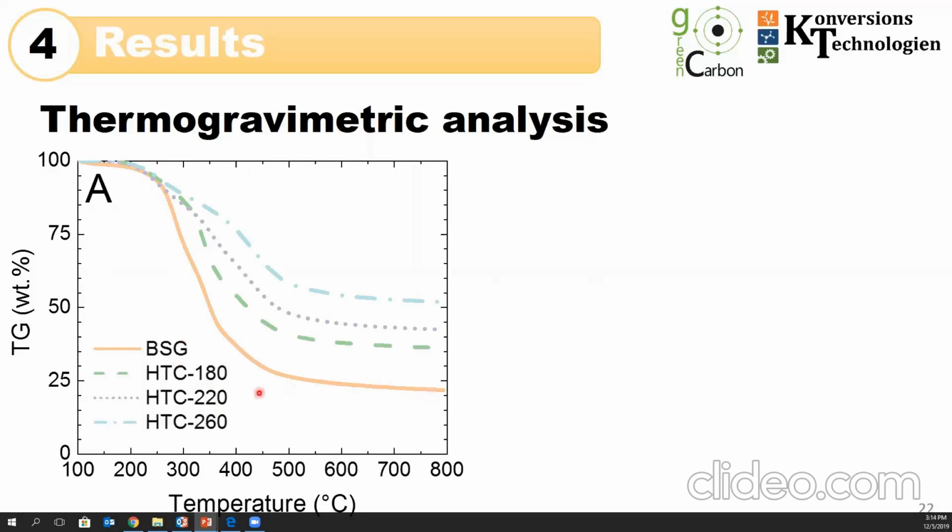Then, after conducting the hydrothermal carbonization, we can observe a significantly higher yield of char produced, and a further increase of the temperature during the hydrothermal carbonization increased the yield of the pyrolysis char, which is shown by this arrow.